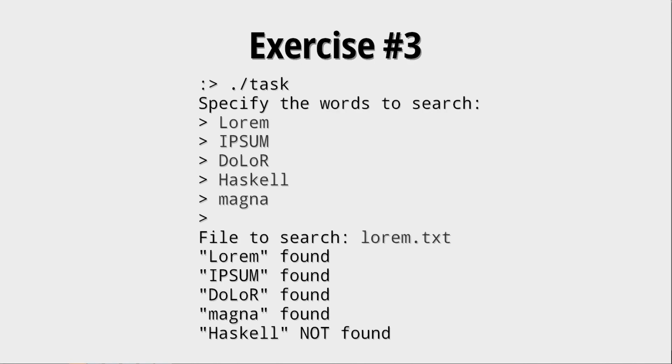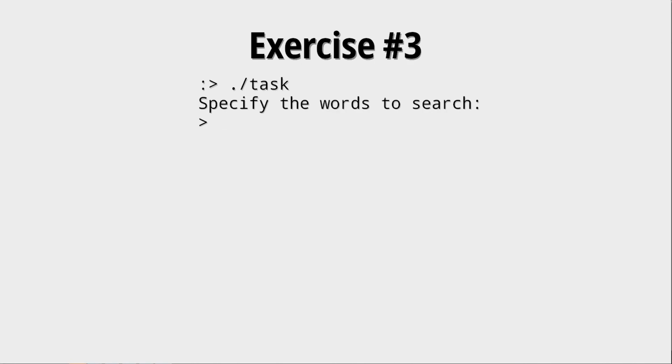And then it asks for a file to search these words in. And if it has found the words, it will say that the word has been found. And if it didn't find the word, it will say that it hasn't found the word. Okay, so let's go through it step by step so you understand what the program does. It first greets you with this output: specify the words to search.